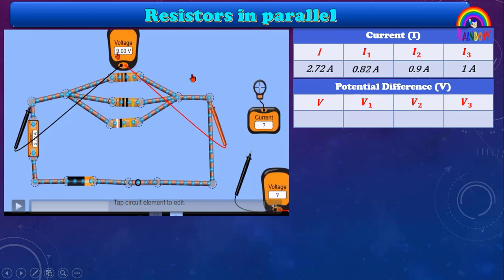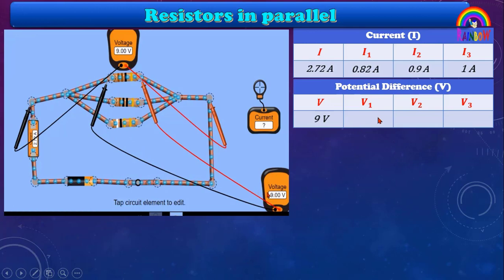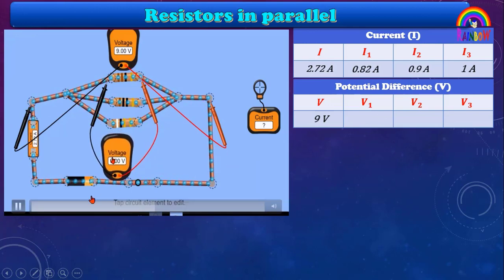Now, let's note down the potential difference V across these 2 points. It is 9 volt. Let me measure the potential difference across each resistor now and write them down as V1, V2 and V3.